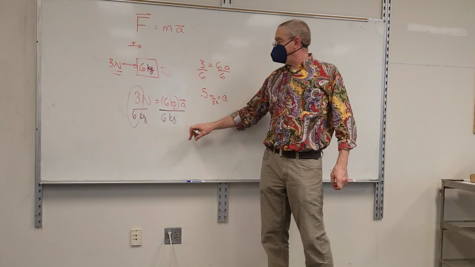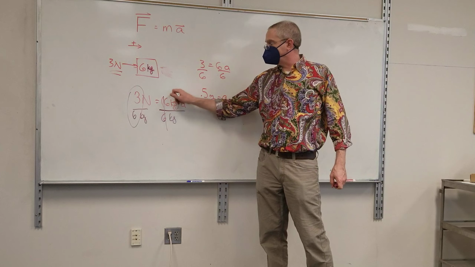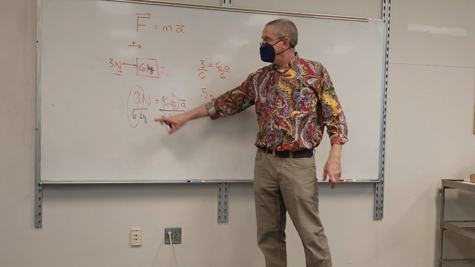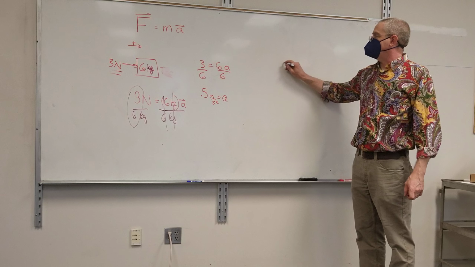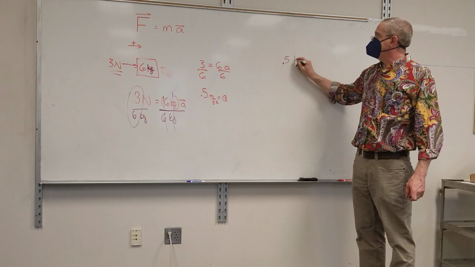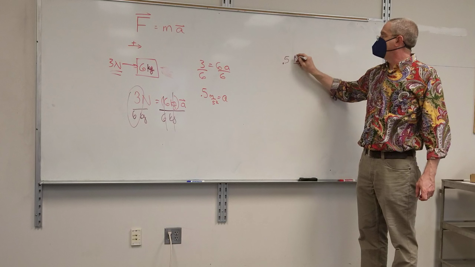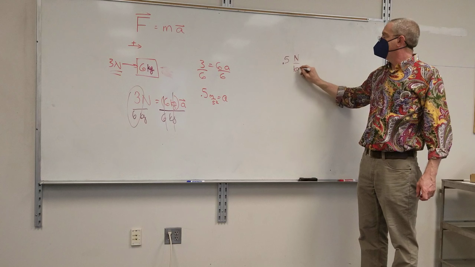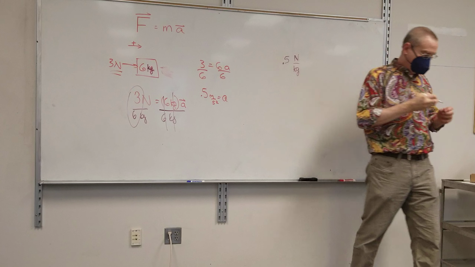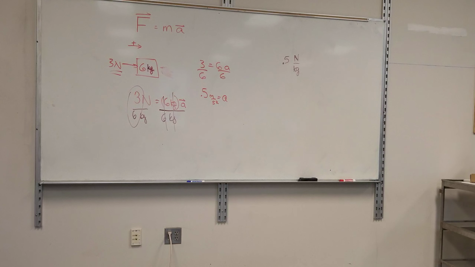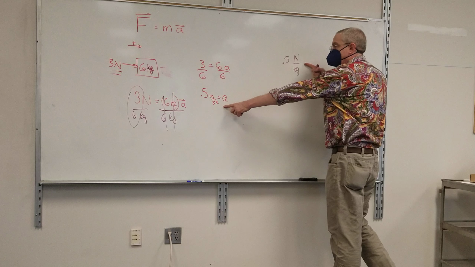All right, so I divide by the 6 and the kilogram, they both go away. And now I'm left with 3/6, which is 0.5, and units of newtons per kilogram. That's also a correct answer. Either one is correct.